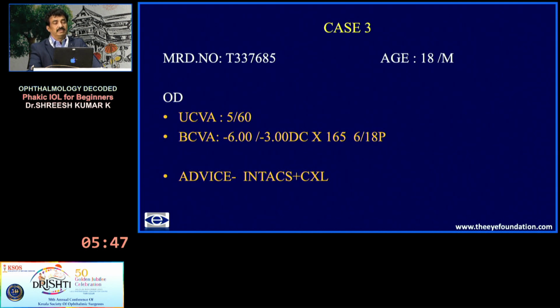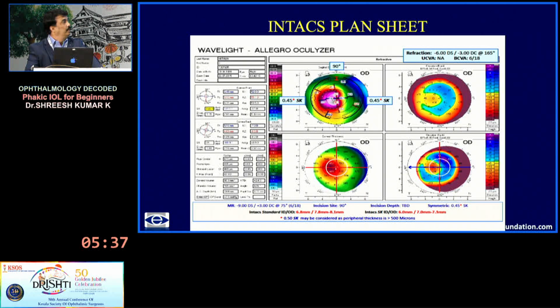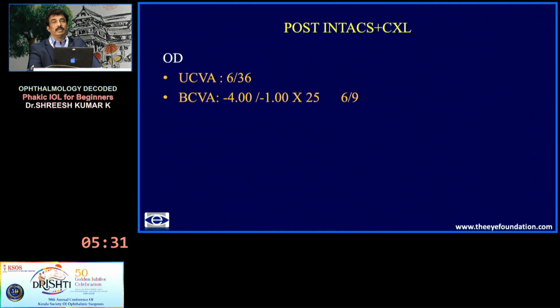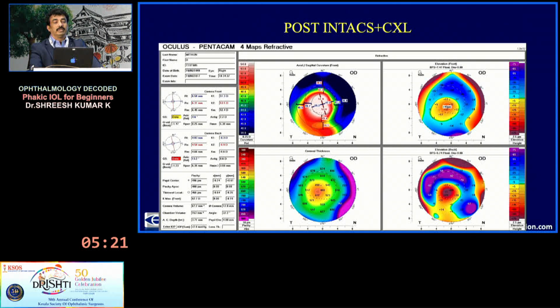Another third case has a mixed astigmatism, and the visual acuity is improving to 6/18, and we suggested Intacs plus CXL for this particular patient. You can see a highly decentered cone here, and we have to recenter the cone by doing Intacs with CXL. Post-operatively, after Intacs plus CXL, the visual acuity has improved to 6/9 because of the recentration of the cone.